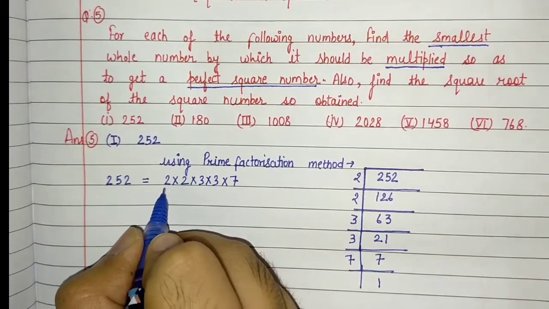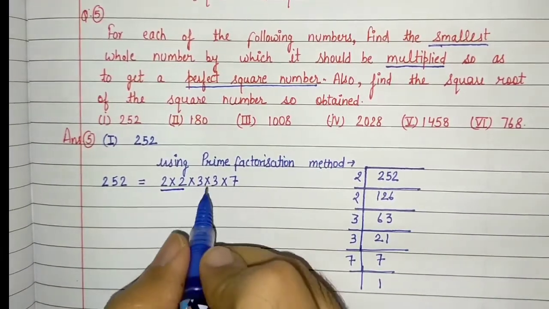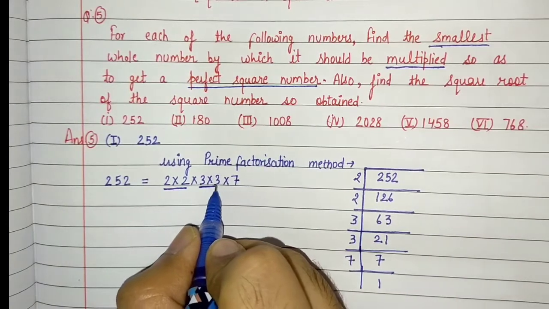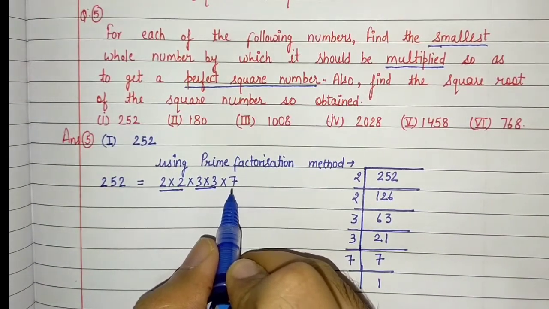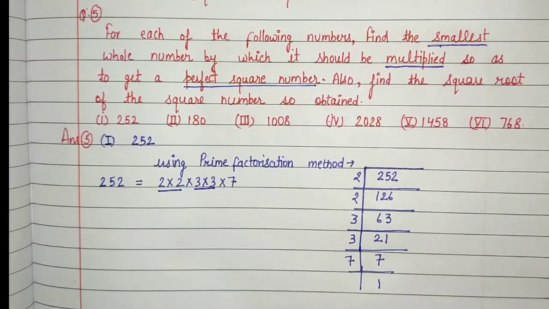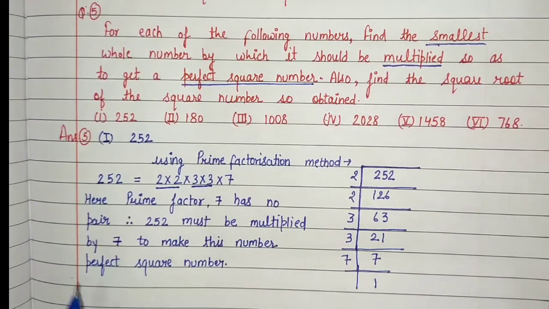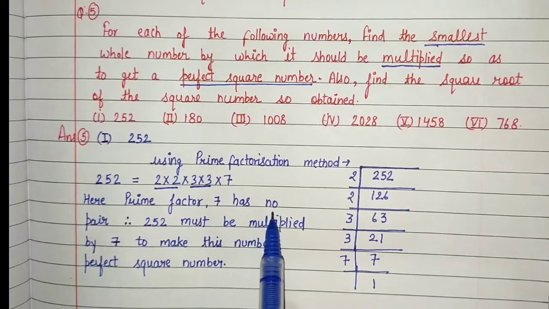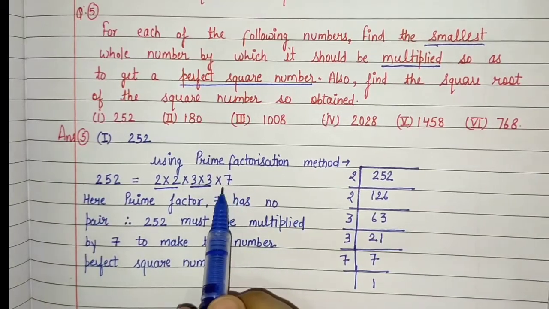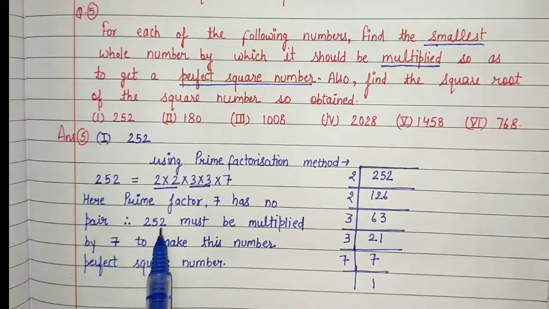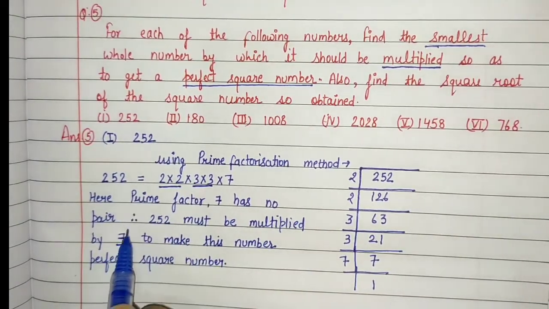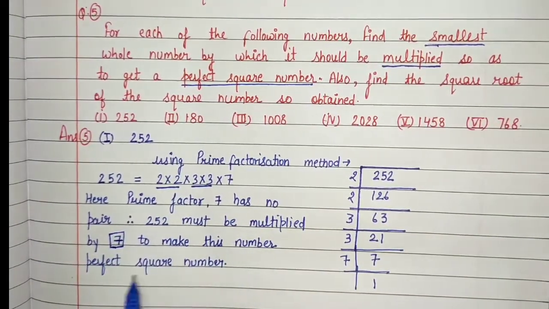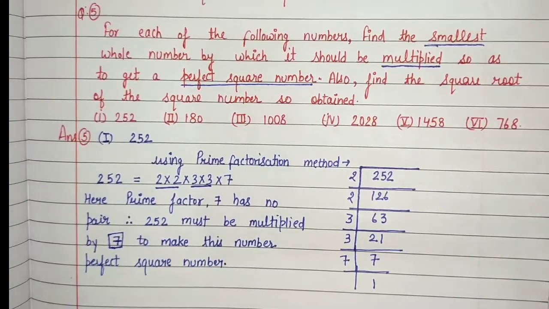2 is one pair, 3 also 2 times, so this is also one pair. Now you can check easily, 7 does not have any pair because only a single 7 is here. Therefore 252 should be multiplied with one more 7 to make this number a perfect square number.